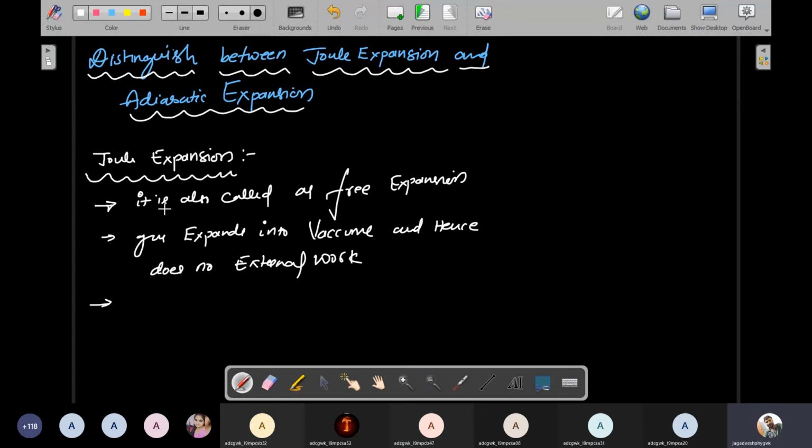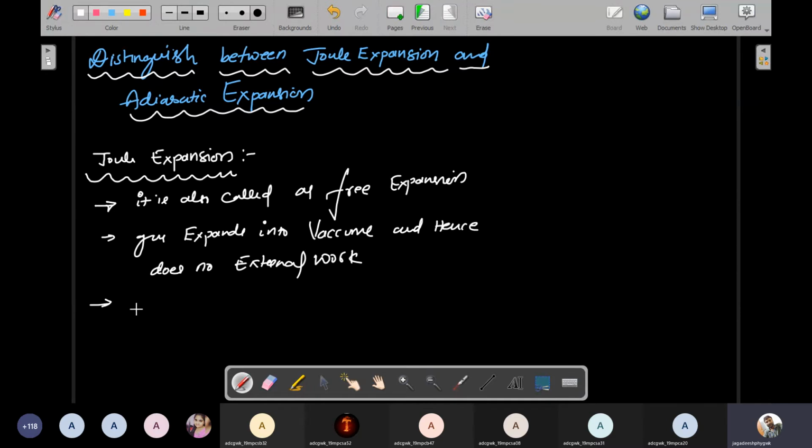Joule expansion is also called free expansion because the gas expands into vacuum. In this expansion, the gas does not do any external work. If it does not do any external work, it definitely does some internal work.